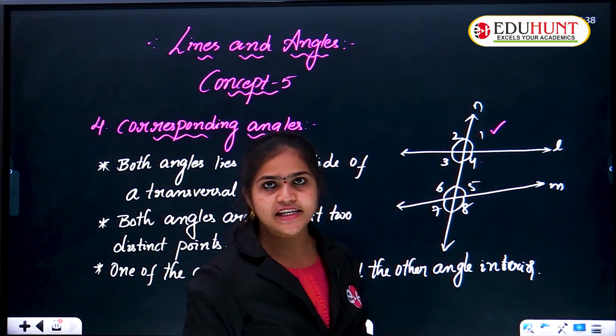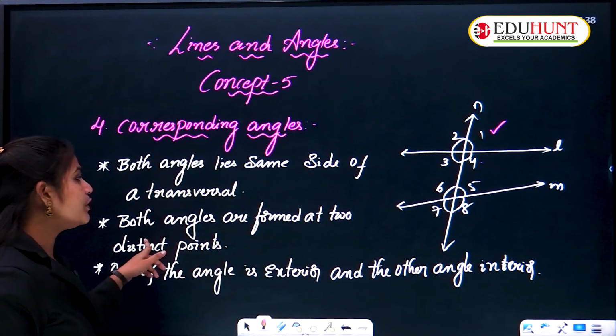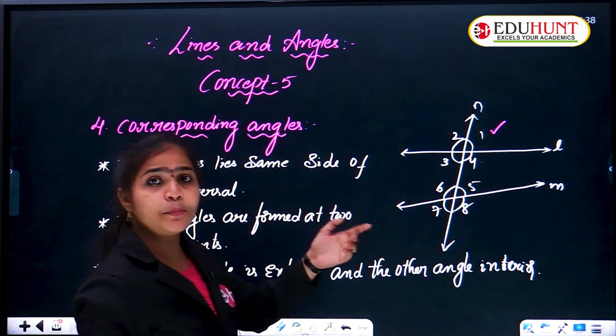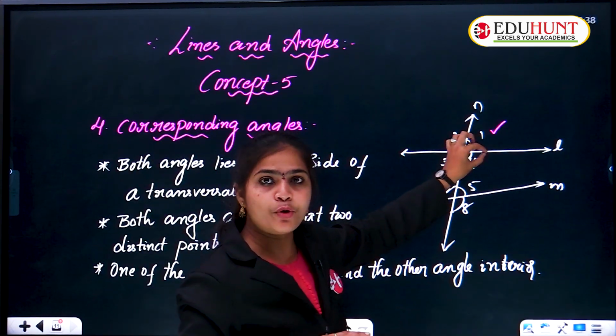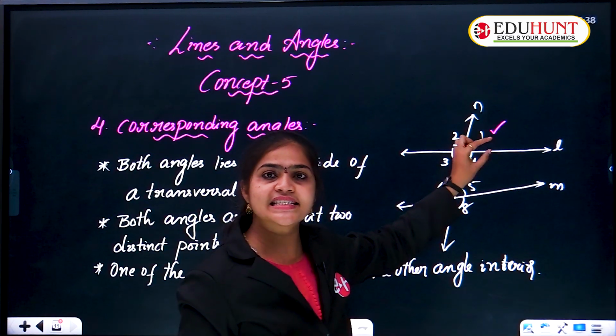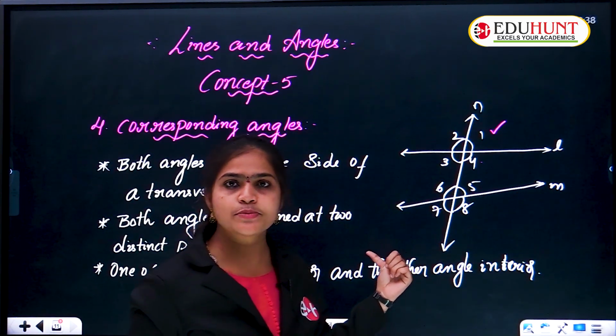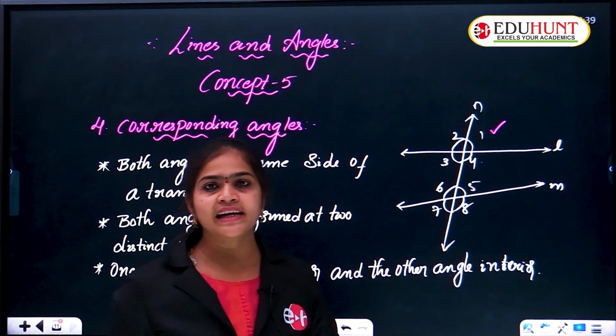Second point also satisfied. And the next point, both angles formed at two distinct points, but 1 and 4 are formed at the same point. That is not satisfied. That's why 1 and 4 are not corresponding angles.